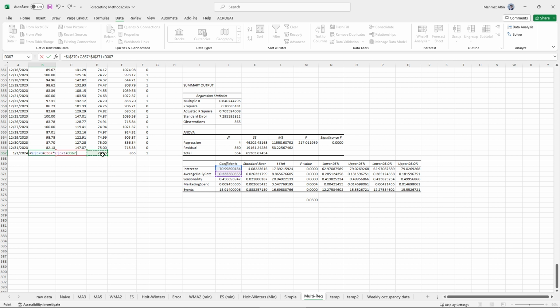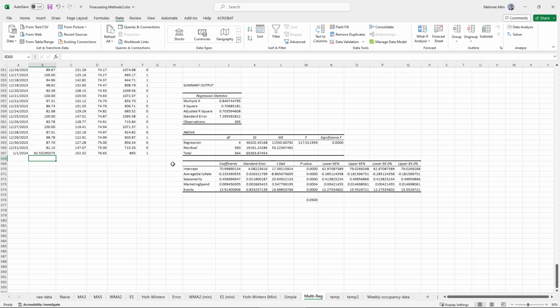Seasonality times the seasonality coefficient, F4, plus marketing spending times the marketing coefficient, plus is there any event going on, right? Times the events coefficient. If we hit this, we expect a 92.5% occupancy rate.